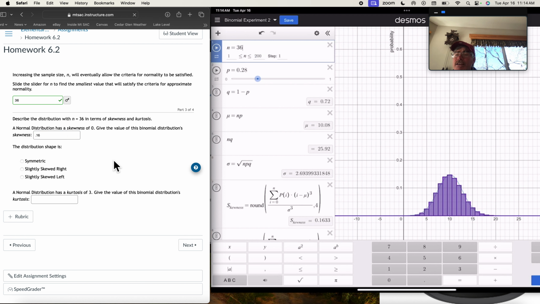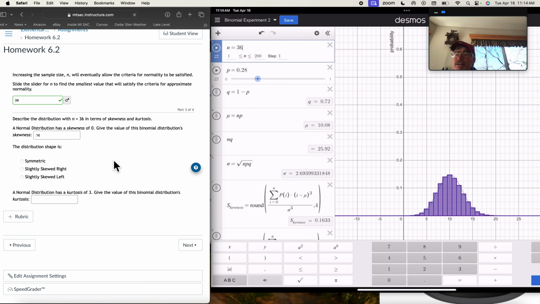Yeah, I just wanted to check my answer to make sure everything was good, and it is. Now this is less than 3, so it is only very slightly platykurtic, but barely. If it's a lot less than 3, then it's really platykurtic, but that's really close. So again, slightly is a good word for this.